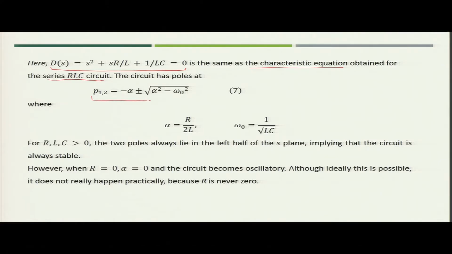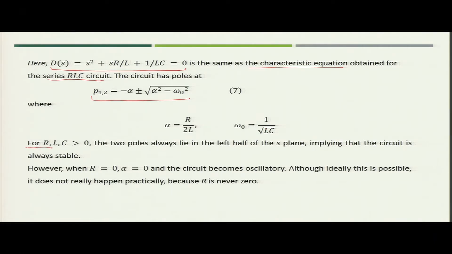The roots of the denominator expression have the value p1,2 equal to minus alpha plus or minus root of alpha square minus omega naught square, where alpha is equal to R by 2L and omega naught is equal to 1 by root LC.